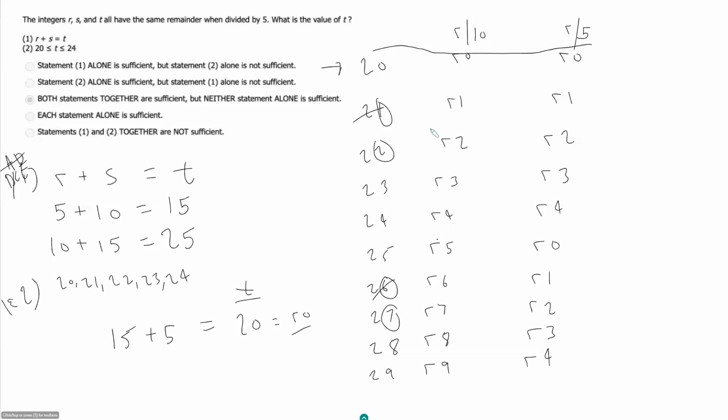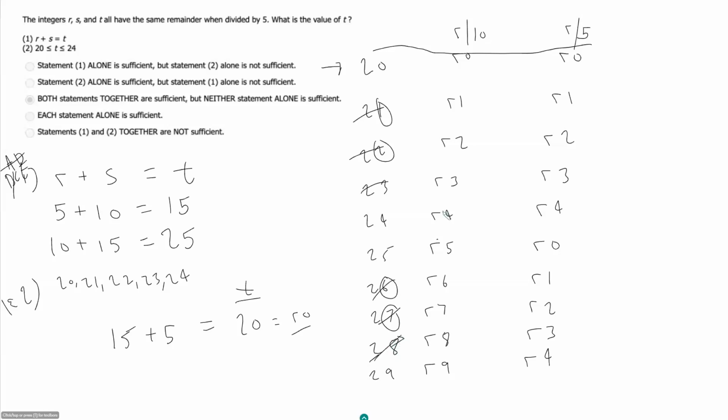So there are no two numbers here that I can add together to give me a third number with the same remainder. If we're talking about remainder 3, I can only be adding a number ending in 3 or a number ending in 8. 3 plus 3 is equal to 6, though. 3 plus 8 is equal to 1. 8 plus 8 has a units digit of 6 as well. So none of those will work.